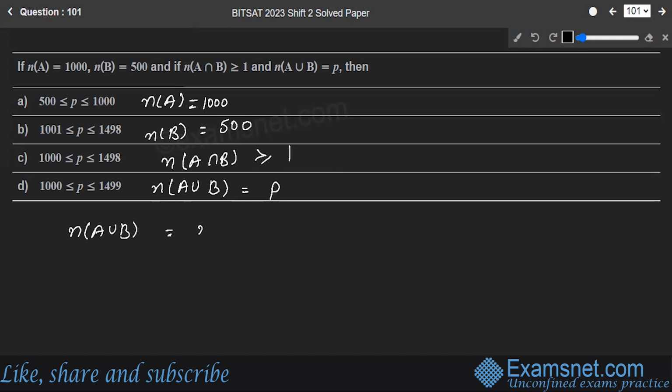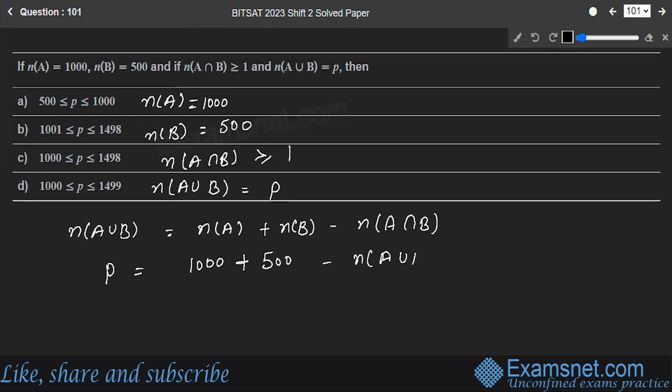This is given by n A plus n B minus n A intersection B. So that means you have P is equal to 1000 plus 500 minus n A intersection B. Right? So this implies that n A intersection B lies between 1 and 500.